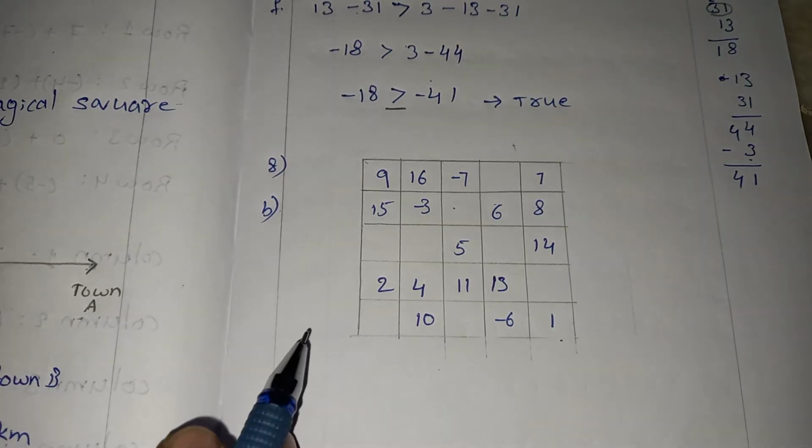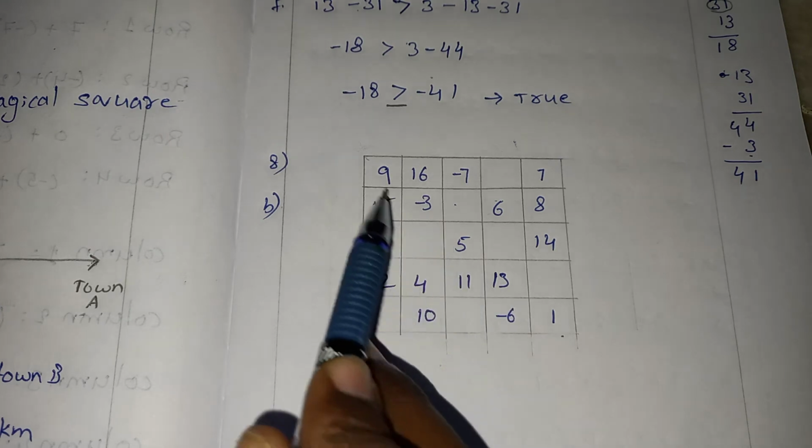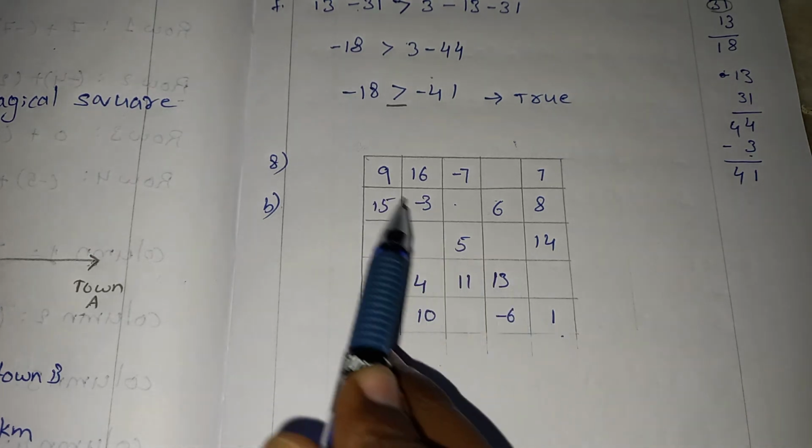Here we have one option. Look at this diagonal. In this diagonal, all the numbers are present.